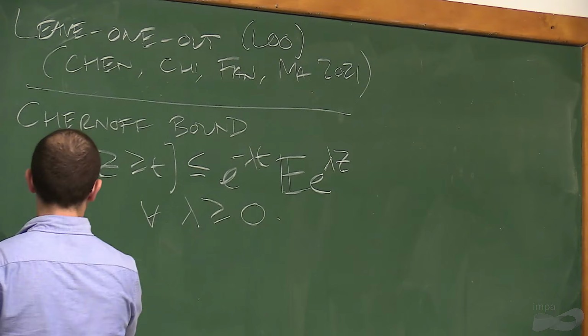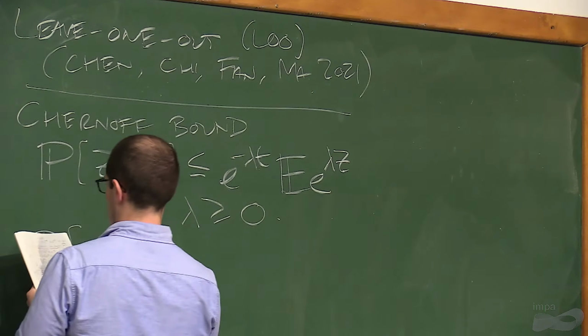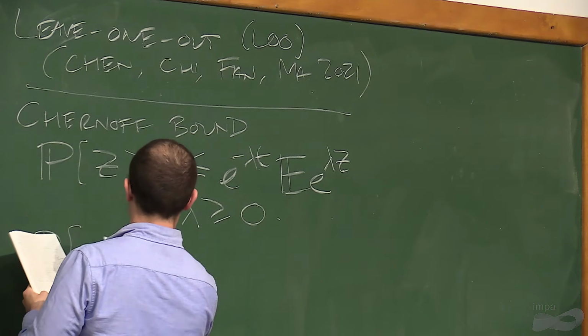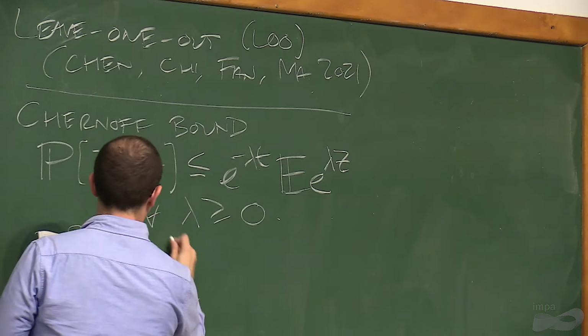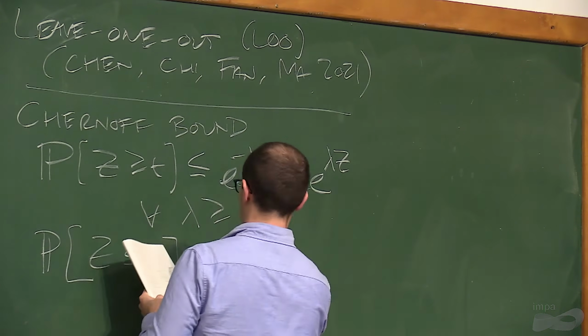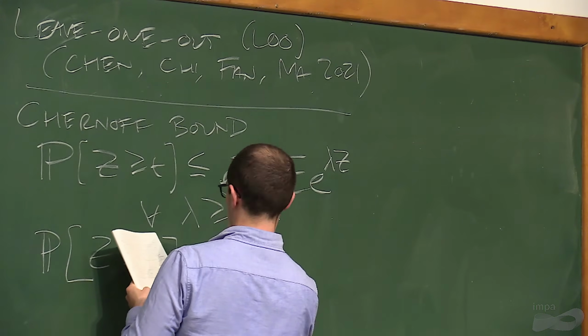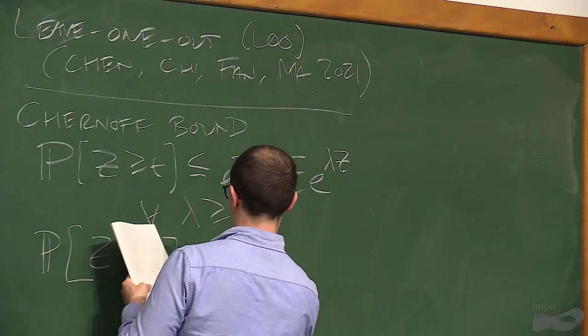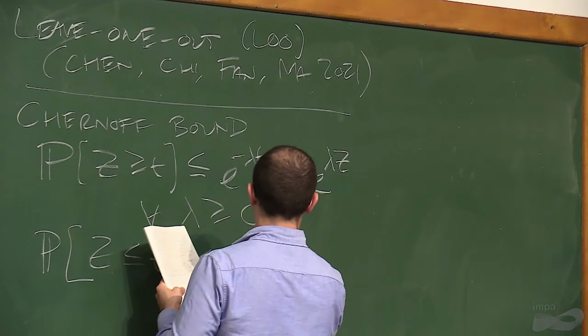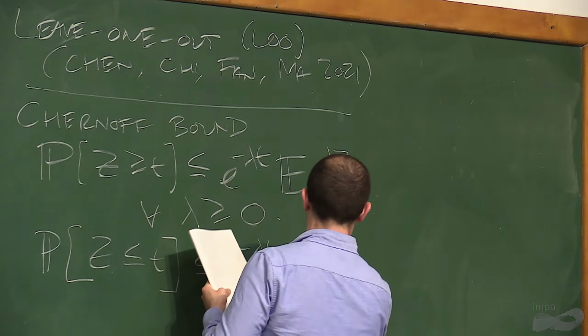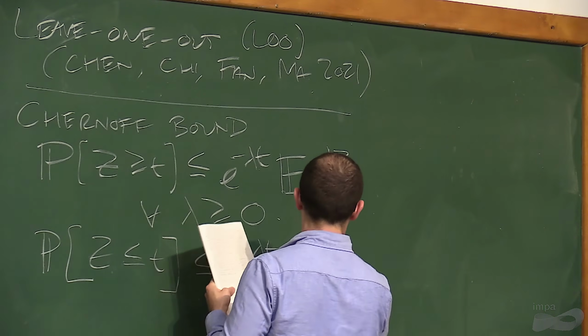And you can get the same result for the left-hand tail, but we need to be a little bit more careful. We have the same bound, except that lambda needs to switch signs.